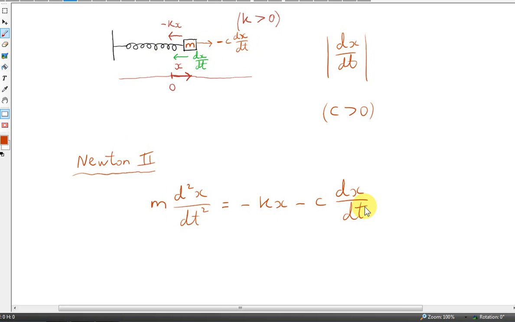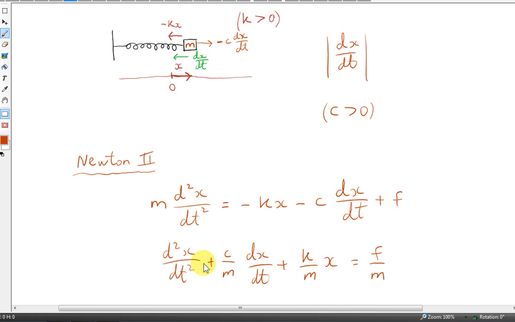Now let's suppose that we have an external force which I will call F. F could be positive or negative. If F is acting in this direction, then it's positive. If F is acting in this direction, it is negative. We can now write our differential equation like this. Divide everything by m, and I've brought over these two terms.